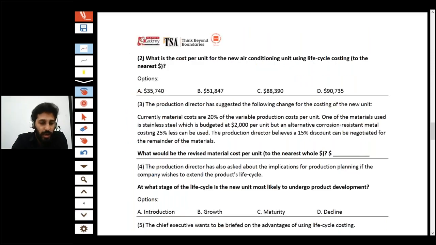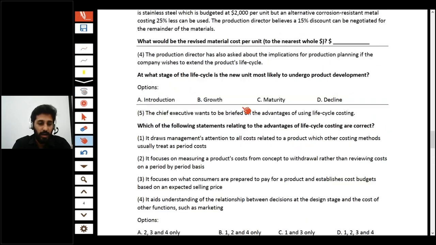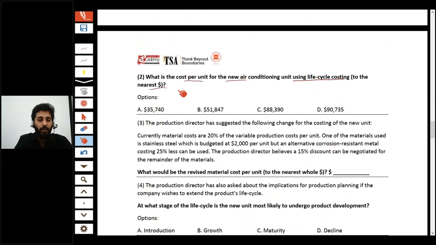Number two, what is the cost per unit of the new air conditioner using life cycle costing, to the nearest dollar? I am solving this question here in this PDF file so that I will be able to save it. What is the cost per unit using the life cycle costing?